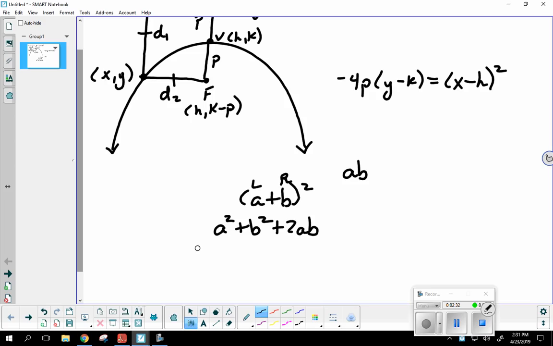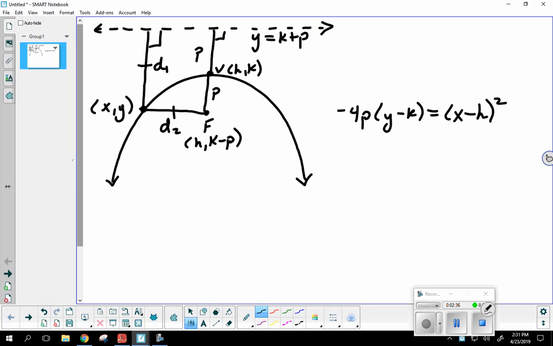Okay, so now let's take a look at our distances. We know that these two distances should be equal. So let's find the distance from the point (x, y) to my focal point. Remember, this is my x and this is my y in that coordinate. The second distance would be the square root, and you're already accustomed to this formula: the square root of (x2 minus x1) squared plus (y2 minus y1) squared.